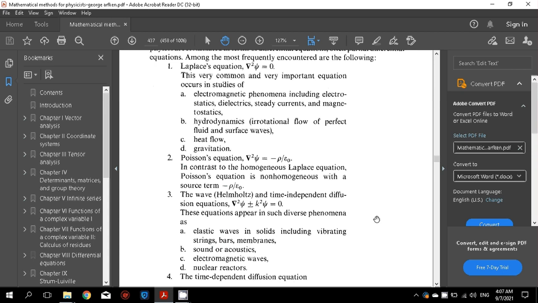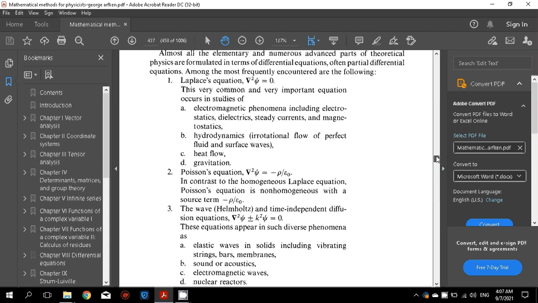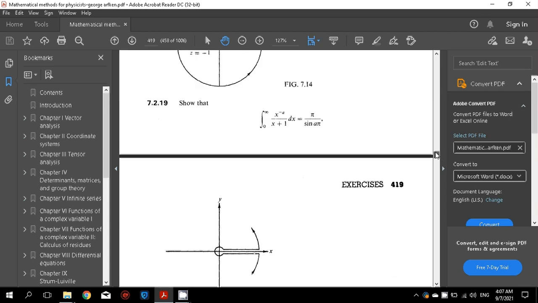We have this equation seen in elastic waves in solids, including vibrating strings, bars, membranes, and we have this equation in sound or acoustics, electromagnetic waves, nuclear reactors, and so on. So we have other topics of physics in which this equation is seen.